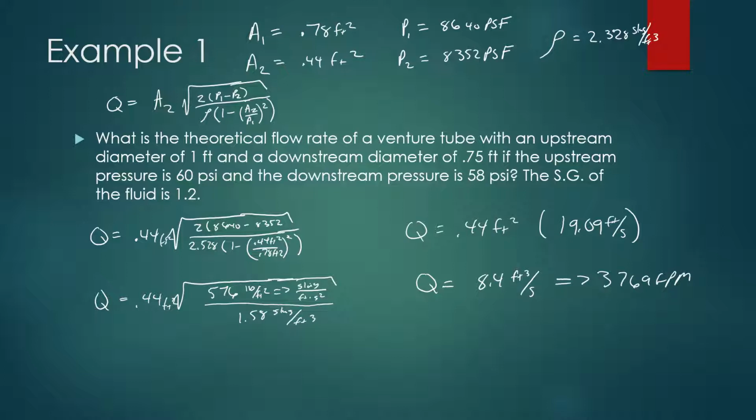What you're going to find with this problem and some of the other examples or questions that I've given you in your homework is that some of these numbers are quite large. The areas I've given you are quite large to try to compensate for that a little bit. And the reason why is because typically your pressure difference is going to be quite low.